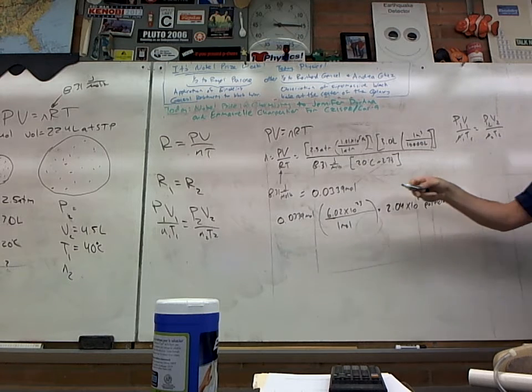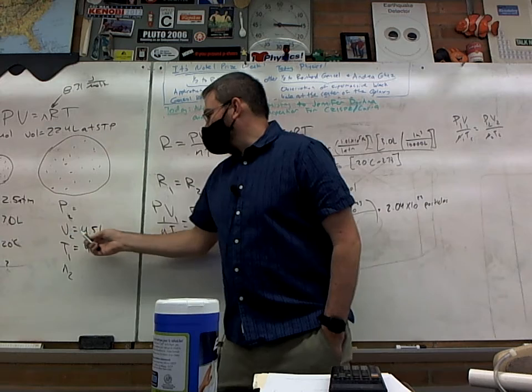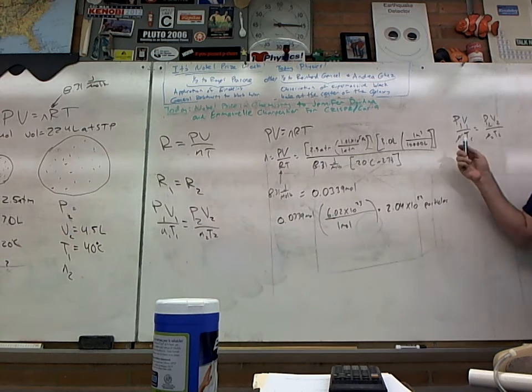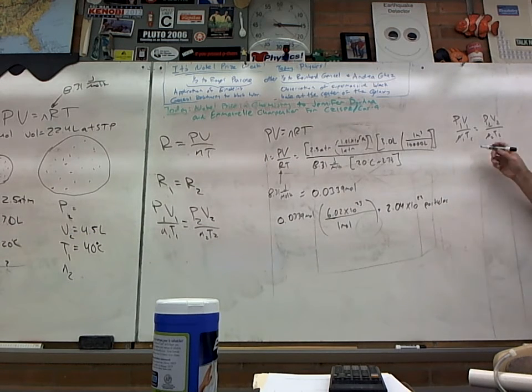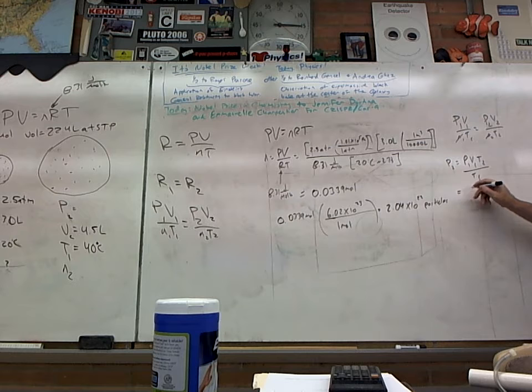So it turns out that I can use 3 liters and 4.5 liters so long as I'm comparing initial and final conditions. Now if P2 is what I'm trying to solve for, you can solve the equation for P2. P2 is going to equal P1 V1 T2 over T1. You can take the initial pressure, which was 2.5 atmospheres, times the initial volume, 3 liters.